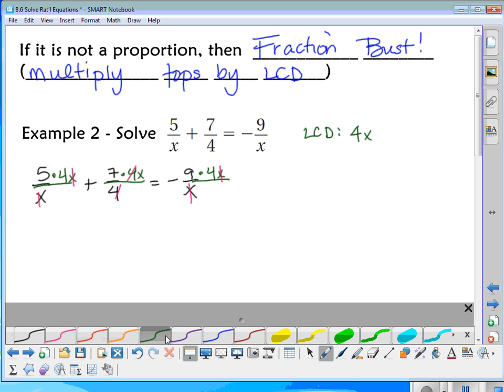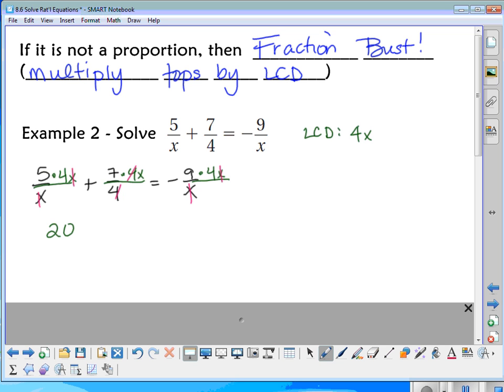So that's why by multiplying by the lowest common denominator, all the denominators will divide into it and I won't have a fraction anymore. So I have 5 times 4, that's 20, and then 7 times x, 7x, and negative 9 times 4 is negative 36. And so if I subtract 20 from both sides, I get 7x is equal to negative 56, and so x equals negative 8.